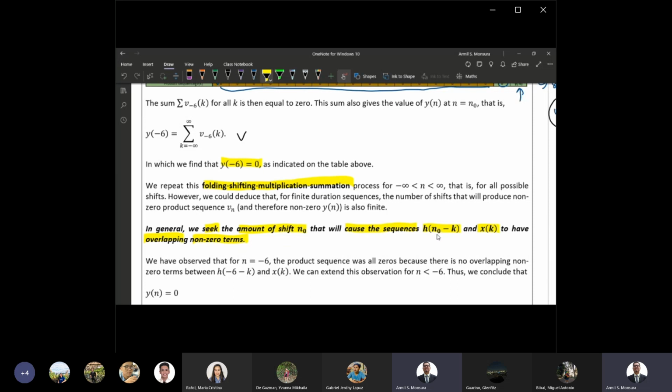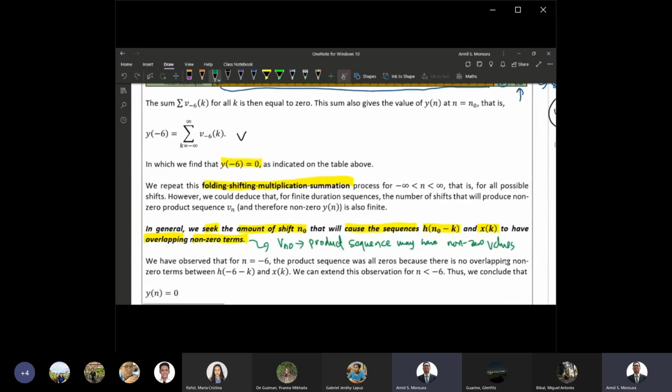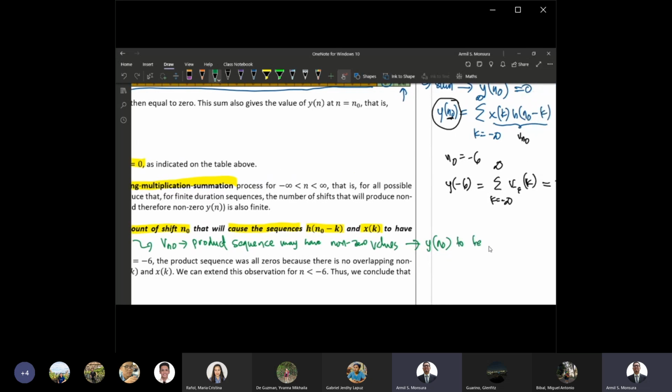So kapag h and k have overlapping non-zero terms, this would mean that your v of n0, the product sequence, may have non-zero values, and therefore that would lead to your sample value, or sample sequence, to be non-zero.